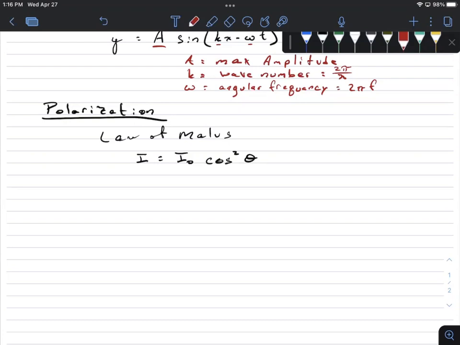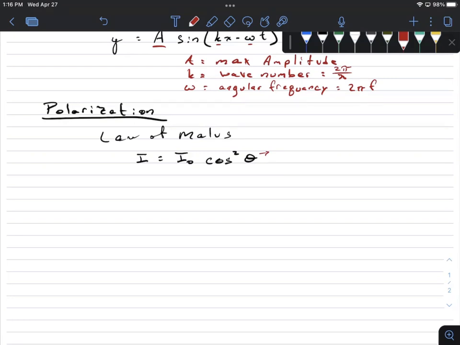And theta, this angle, it's tempting to want to say, oh, well, given a problem, you start with a polarized light, and we're going to send it through a polarizer that's polarized at 30 degrees. Well, 30 degrees is the angle. But that's not true. This angle is not the angle of the polarizer.